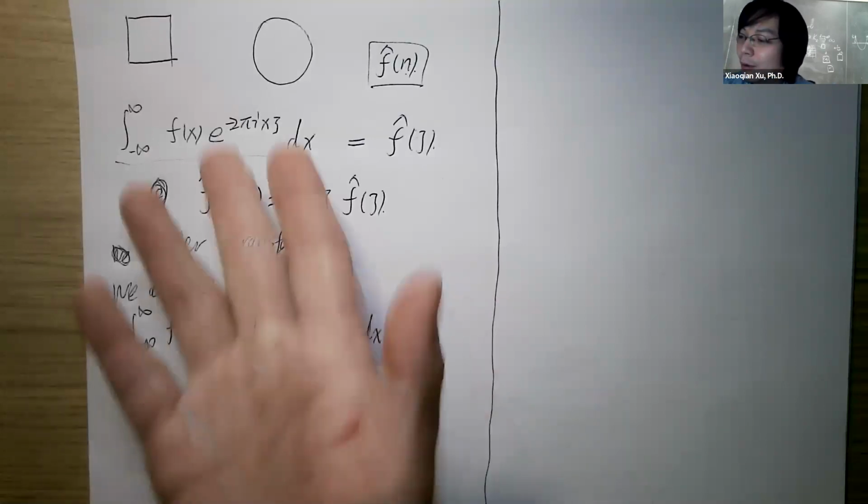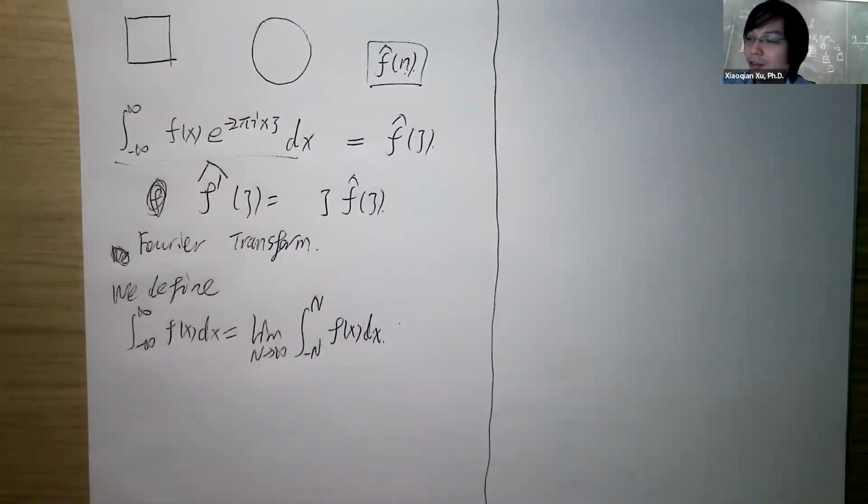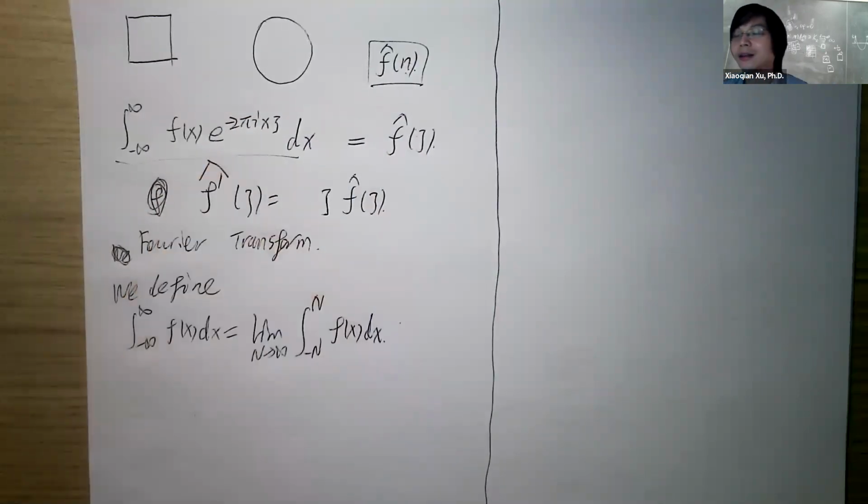In that case, we are able to even multiply some functions like e to some power and then take the integral. So we assume everything is perfect and we are in a universe of very, very good functions. We call this kind of function moderate decreasing.